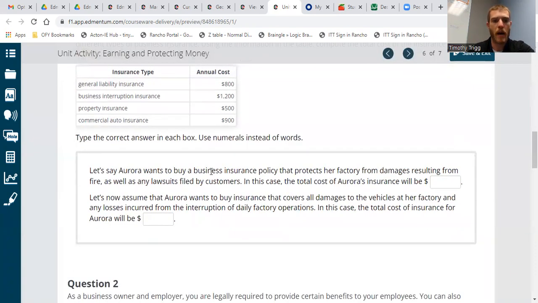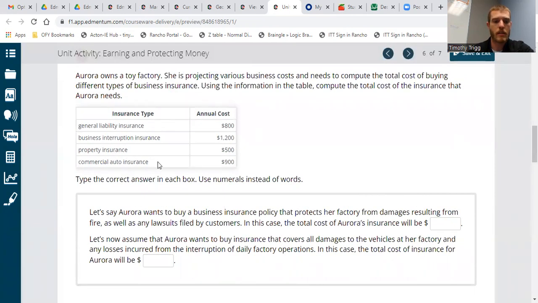Let's say Aurora wants to buy a business insurance policy that protects her factory from damages resulting from fire, as well as lawsuits filed by customers. In this case, the total cost of Aurora's insurance will be, so which one of these covers fire damage? Fire damage.